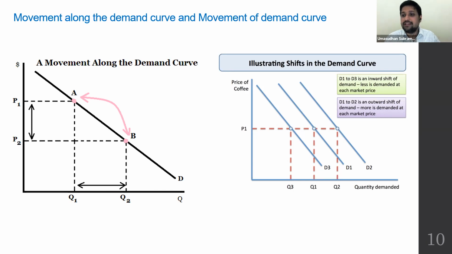Sometimes we call them demand extension and demand contraction. What is demand extension? When prices drop, demand increases, that is demand extension. Demand contraction is when price increases, demand decreases. So only the points on a demand curve will change, but there are no changes in the demand curve.